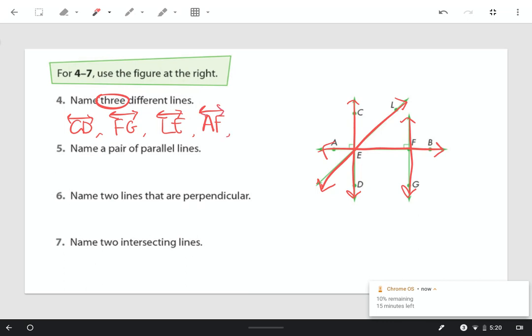You could have done FB, which is the same line, just 2 different points, or you could have done line AB, same line, 2 different points. Okay, so you have lots of options for that third line.